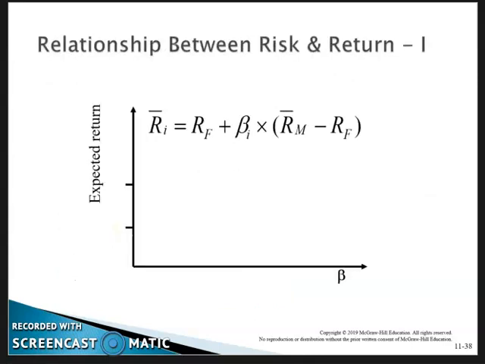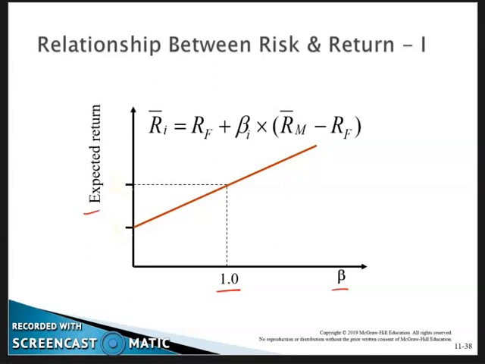So, the relationship between risk and return. The expected return in this case is going to be a straight line when we graph against beta and expected return. The market portfolio has a beta of 1, and it's given an expected return.